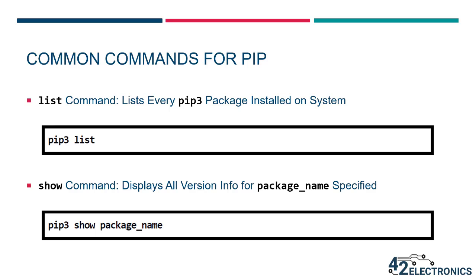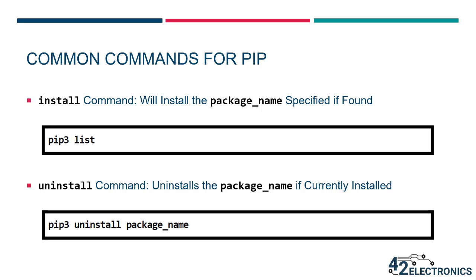All right, here are some of the more common commands that are available for PIP. The list command will list every PIP3 package that's installed on your system, and this can be helpful if a tutorial has packages that must be installed and you're not sure if they're already on your system. The show command will display all the version information for the package name specified, as well as the contact information for the author and websites to reference for more information about the package.